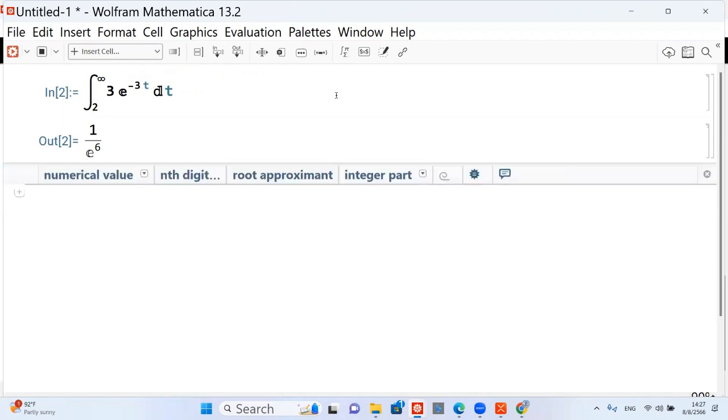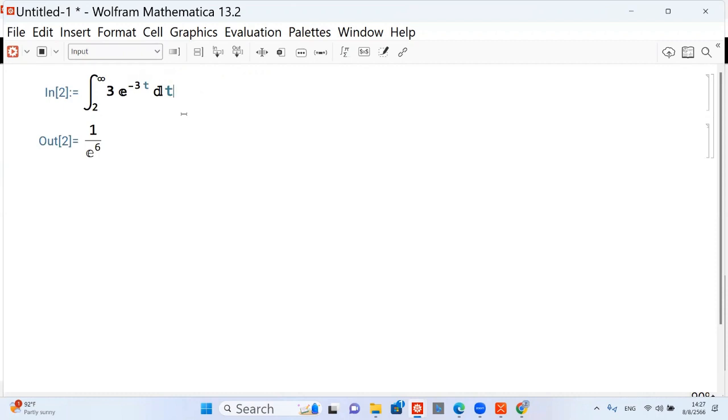Anybody know what this is, by the way? This is the exponential distribution. This is a bit like when do you expect to die? Obviously not 3, but you know. So something like this is the expected lifetime of a machine lasting from 2 years to infinity.